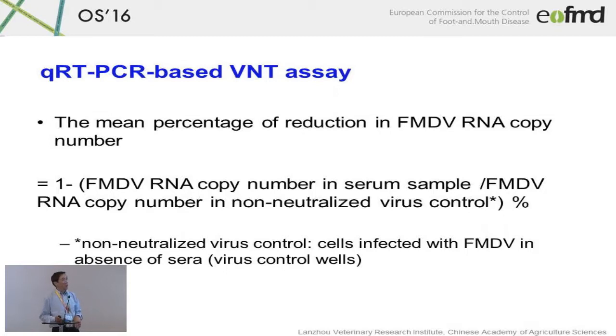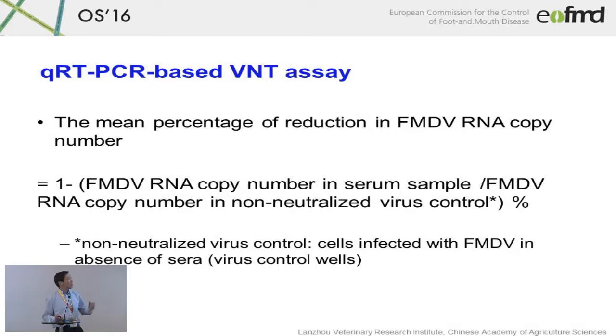So what we do is use the percentage of reduction in the FMDV RNA copy numbers in comparison to the copy numbers in the absence of the samples, which is the virus control with no virus neutralization activity. Then we can get the percentage of reduction of FMDV RNA copies in the samples, and then we can decide positive or negative.